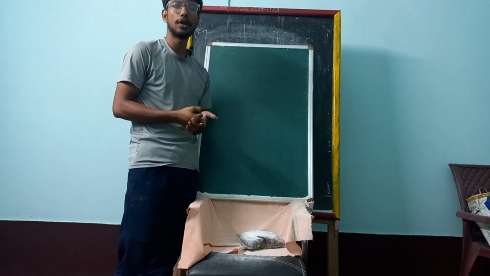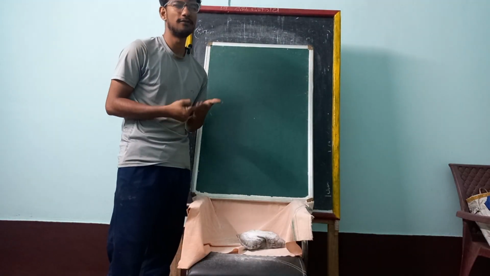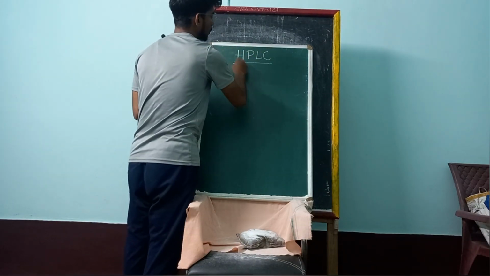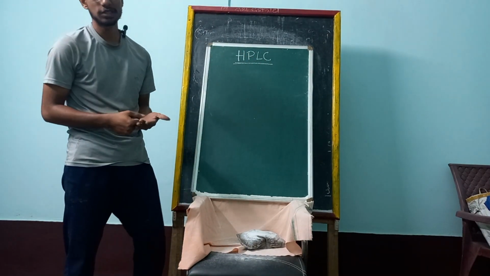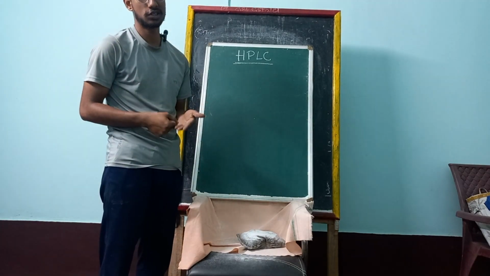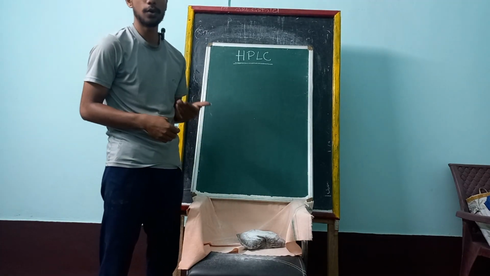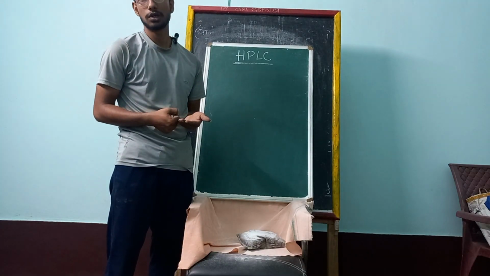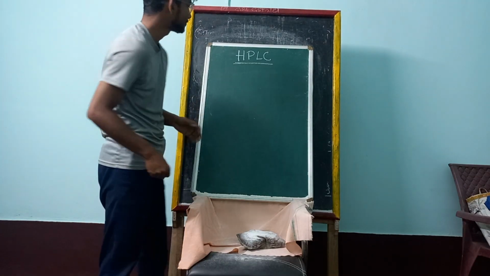Today I am going to give a brief discussion of HPLC. HPLC stands for High Performance Liquid Chromatography, and it is mostly used in pharmaceutical industries, chemical industries, etc. It is an analytical technique used to identify, separate and quantify the samples in a mixture.